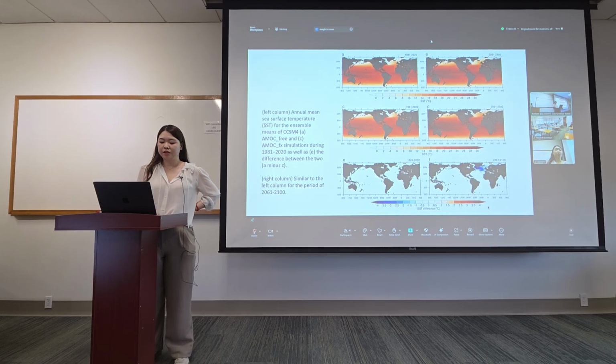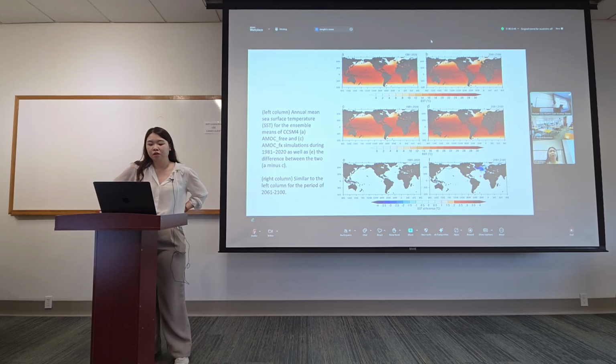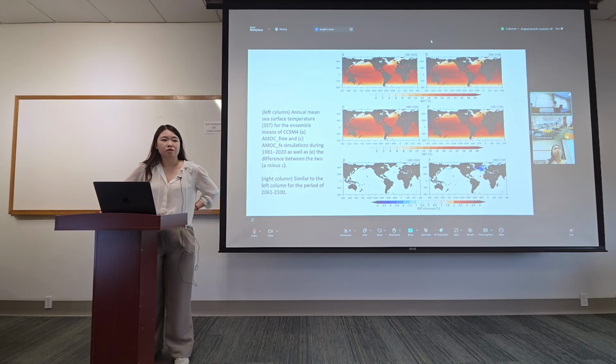If you look at the red column here, both of them are the end of century, and the bottom one is the difference between the AMOC fixed and AMOC free. We can see most of the signal, the sea temperature response, is in the North Atlantic warming hole region. For other regions, I think it's of relatively good magnitude. Okay. Thank you. Appreciate it.